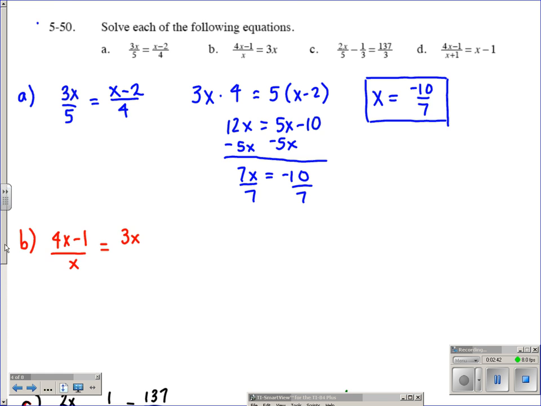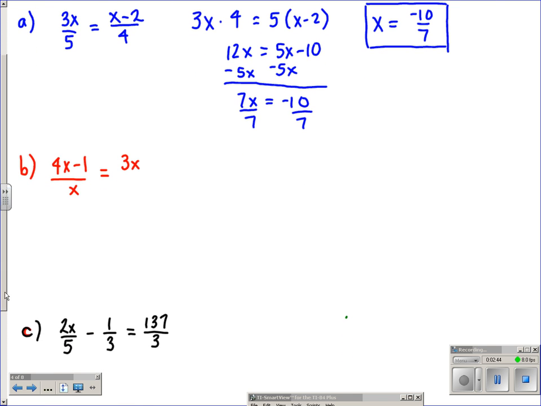Letter B, we've got 4x minus 1 all over x equals 3x. Now I need to get my variable out of the denominator for sure. So one approach I could take here is I could say, well, I want to multiply both sides of my equation times an x, because I got to keep it balanced.